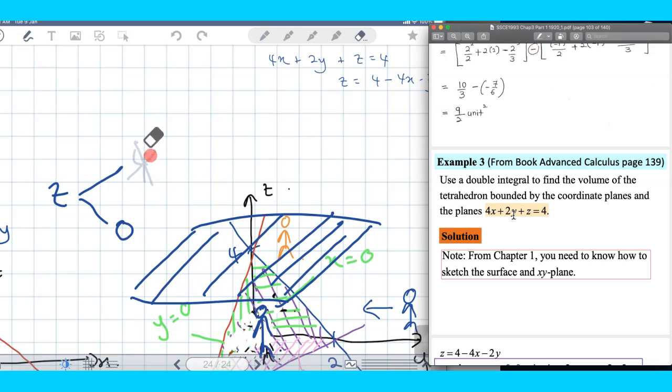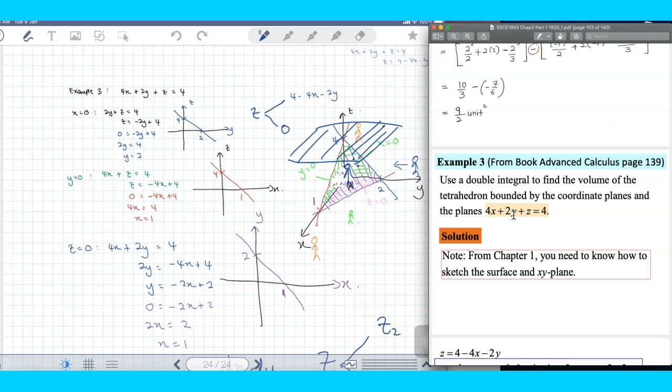So the correct answer is that your z, your cover, which becomes your upper bound, is part of the tetrahedron, which is 4 minus 4x minus 2y. So that is the limit of z.